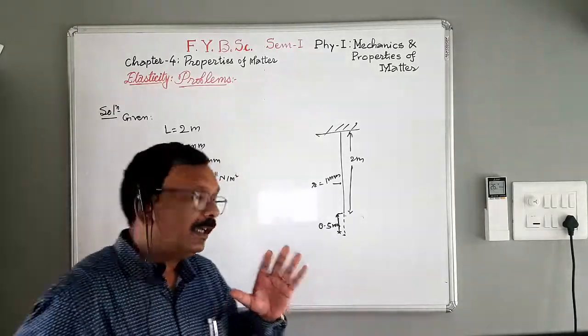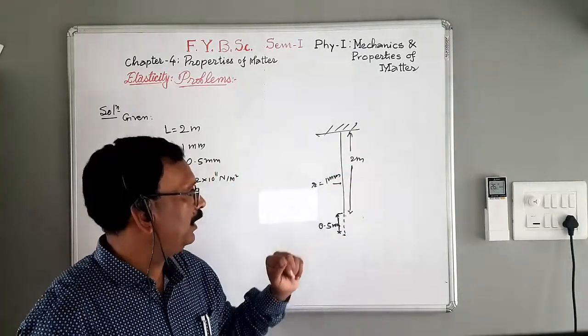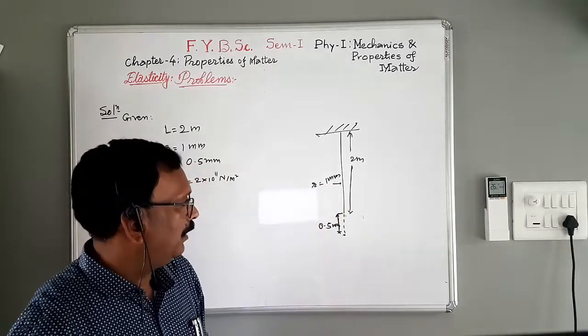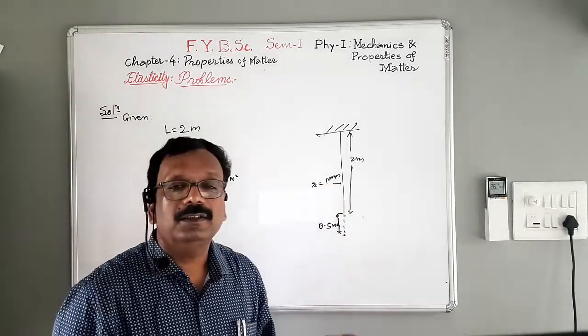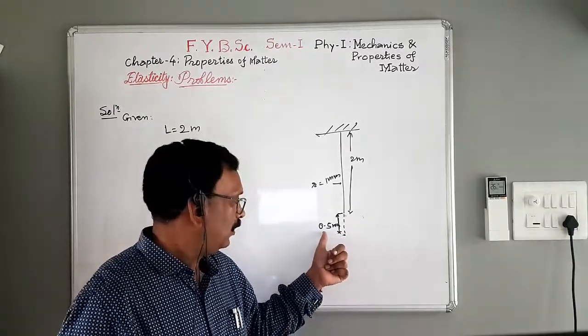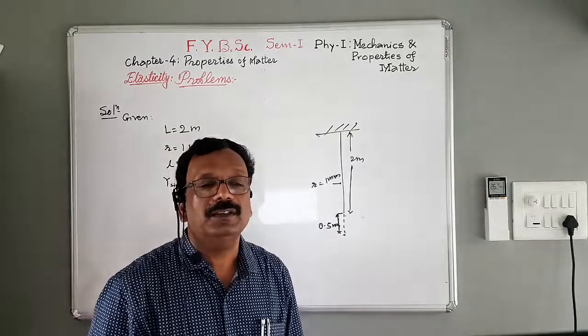See, again try to understand the problem. You are having a wire whose length is 2 meter, radius of cross section of the wire is 1 millimeter, and here we stretch the wire so that the elongation of the wire is 0.5 millimeter.